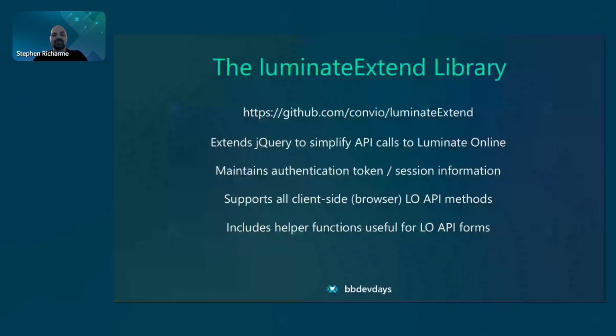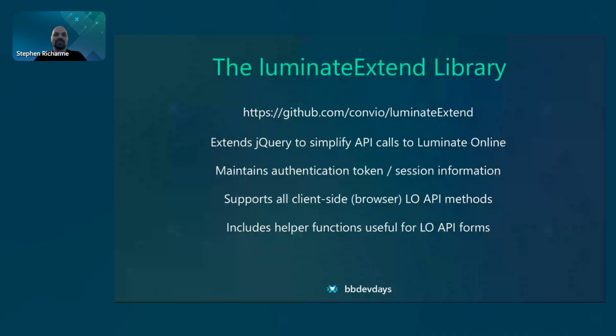It has a number of advantages, such as maintaining authentication token and session information within the Luminate Extend library. It supports client-side LO API methods and includes a number of useful helper functions for LO API forms. This is also where our examples from today's session are going to be published later.